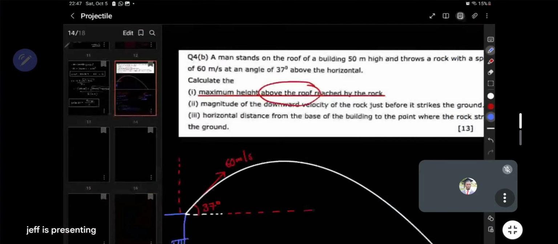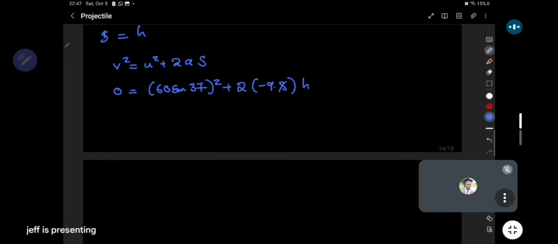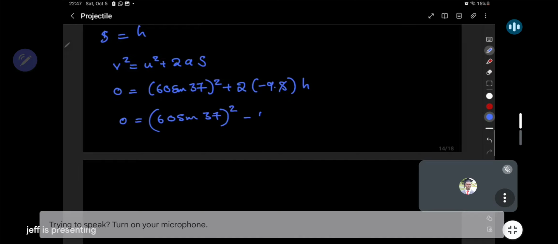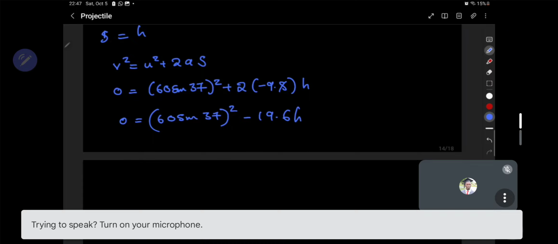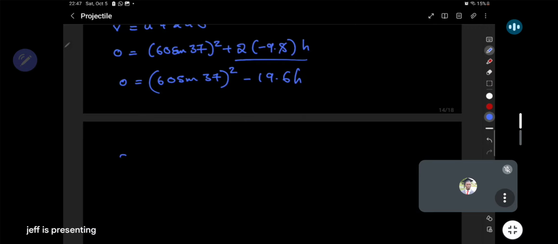So from here, we can make h the subject of the formula, but basically we have 0 equals 60 sin 37 squared minus 19.6h when you multiply these. So 19.6h goes the other side, and h equals (60 sin 37) squared over 19.6. Usually you can carry this the way it is and only evaluate at the last minute.